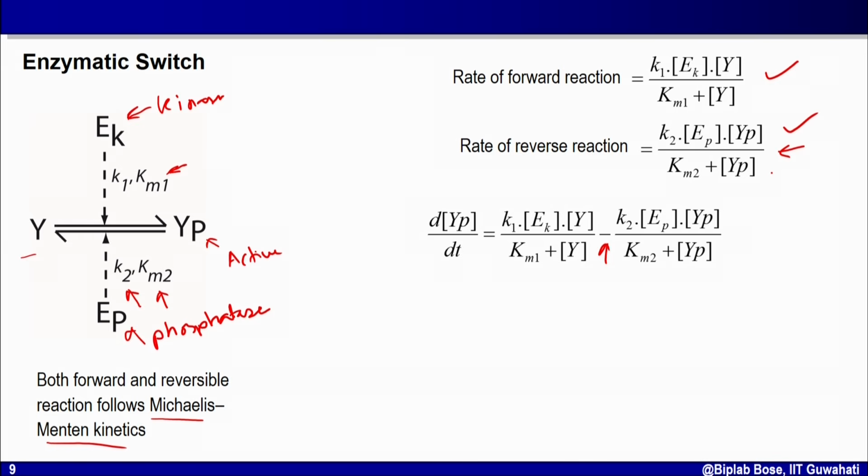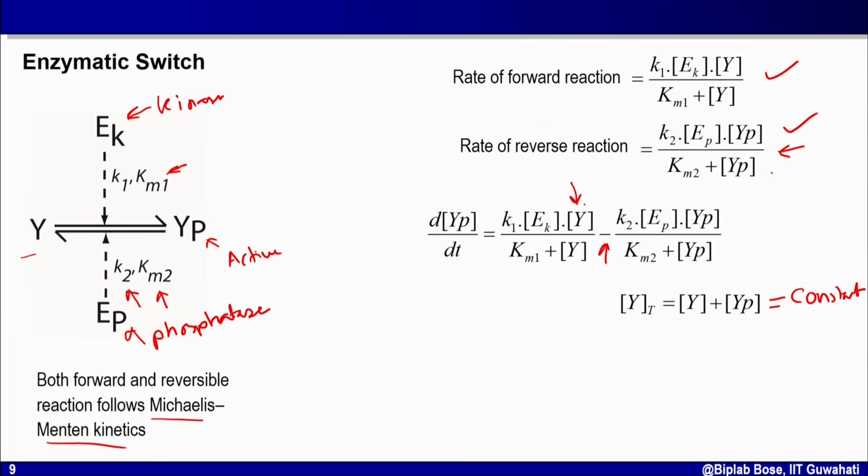Now, Y is the amount of free Y. I can convert this in terms of the total amount of enzyme, total Y and phosphorylated Y, considering a conservation. So, I can consider the total amount of the substrate Yt equal to free Y plus the concentration of phosphorylated Y, and I can consider this as constant. So, with time Yt is not changing.